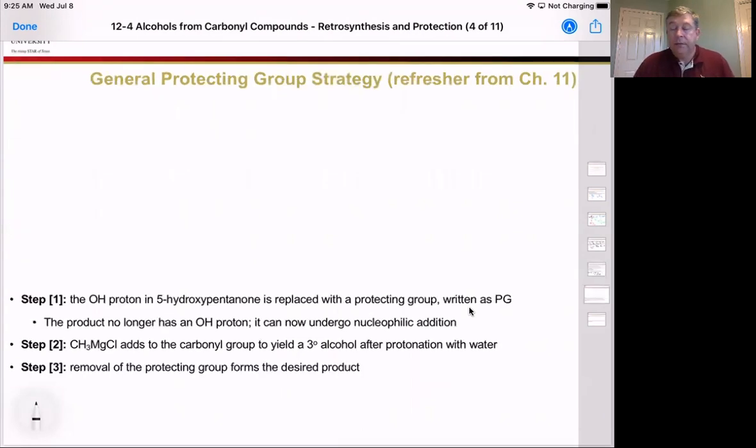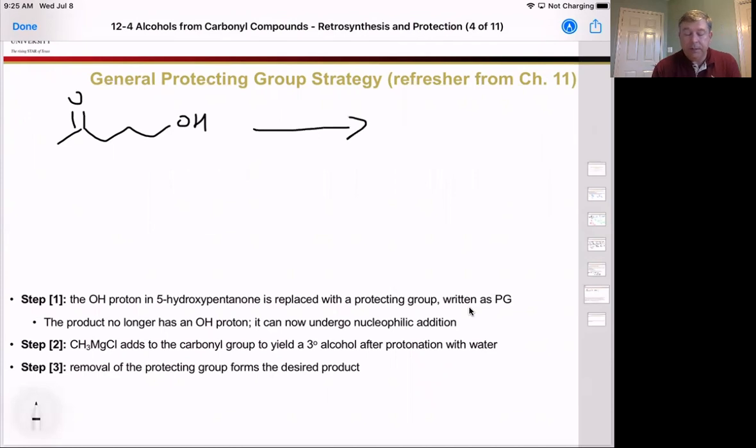Okay. So for example, in that previous reaction where we had that ketone and that alcohol, and we wanted to just react the ketone right here, in our 3 steps we would try to protect that alcohol first. And in this case, we would use something like a chlorosilicon reagent.